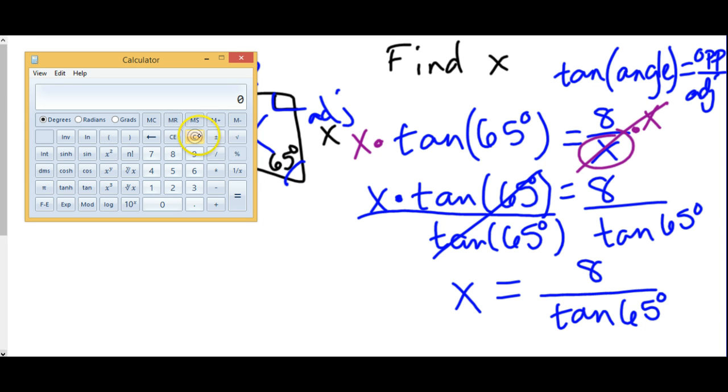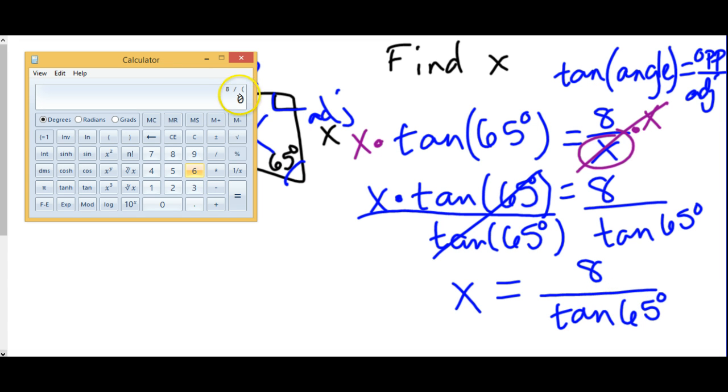So on this calculator, I'm going to clear it out. This time I have to do it a little bit differently. I'm going to go 8 divided by, and then I'm going to have to put parentheses around the stuff at the bottom, or else it's going to do some of the operations too soon. Again, if you have a different calculator, you may just be able to plug it in straight in the order that it's written, 8 divided by tangent 65.